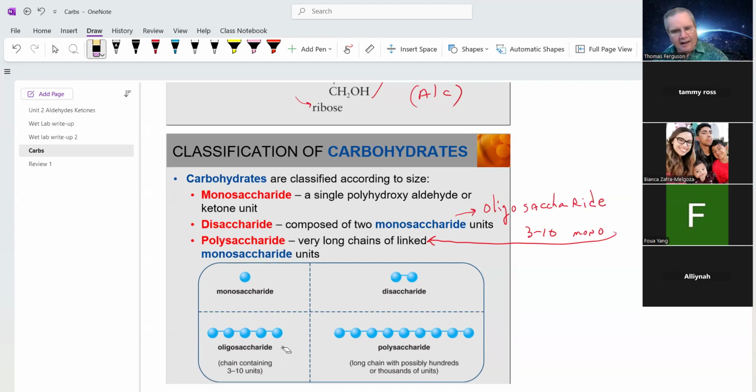And it's just how long is the chain? Now, this monosaccharide is a single glucose or fructose or galactose unit. You're going to see in a minute here that the most common monosaccharides are 6 carbon units, and they form 2 kinds of rings, a 6-membered ring and a 5-membered ring.